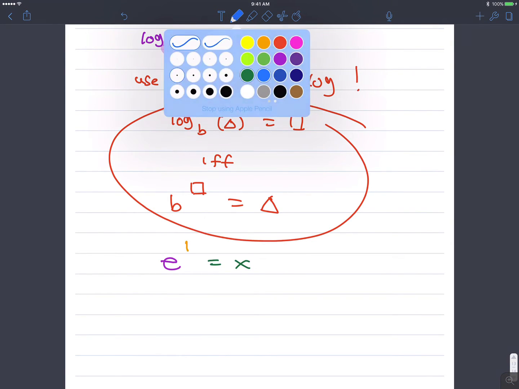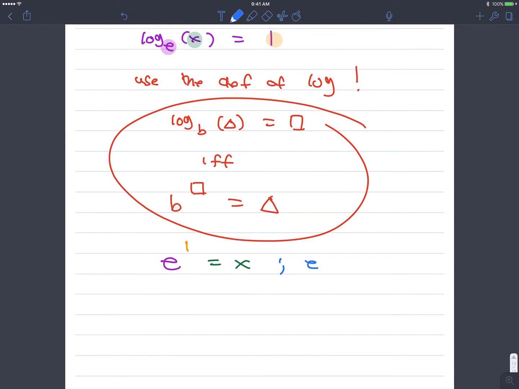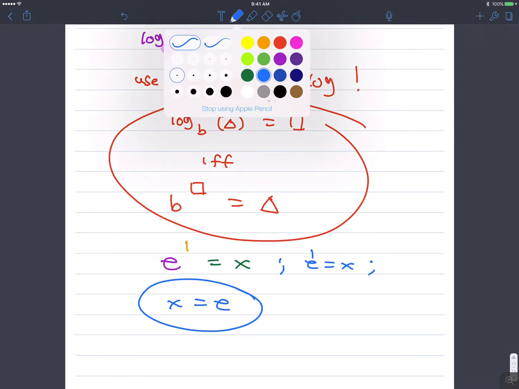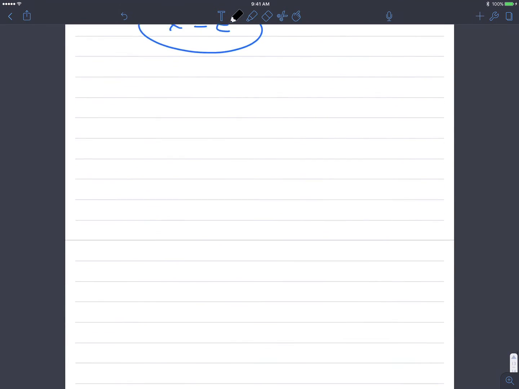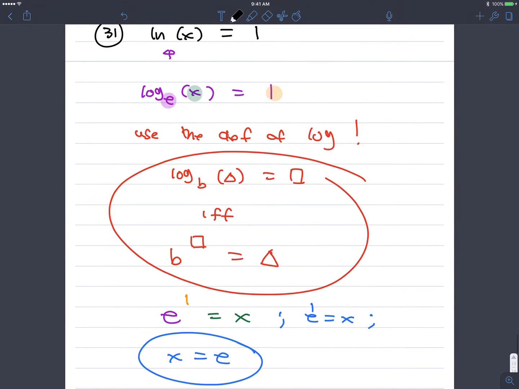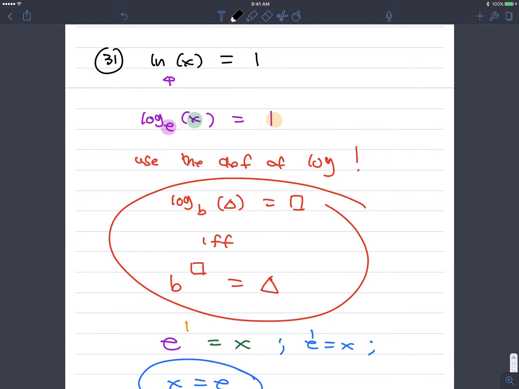In other words, here's what we're really saying: e is the value x, because e to the first power is e. Or we can say x simply is the value e. So you actually solved this exponential equation for x. Just simply notice that for this question, all we needed was to use the definition of log.